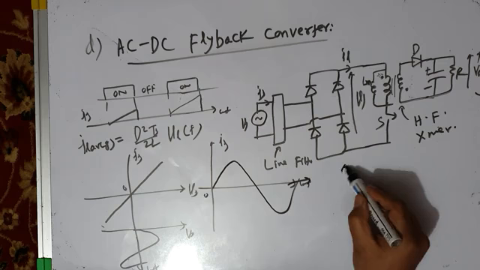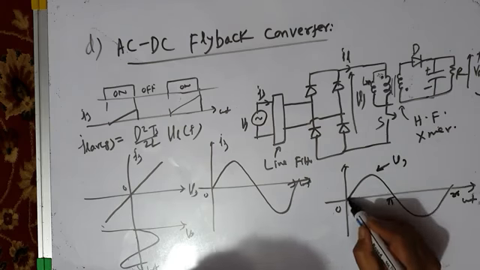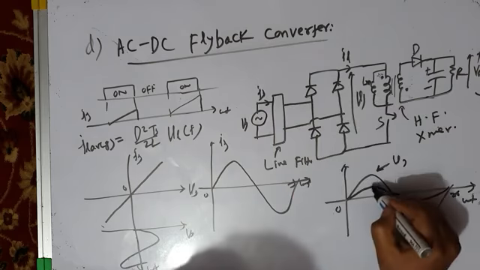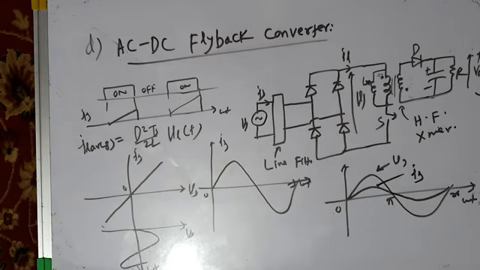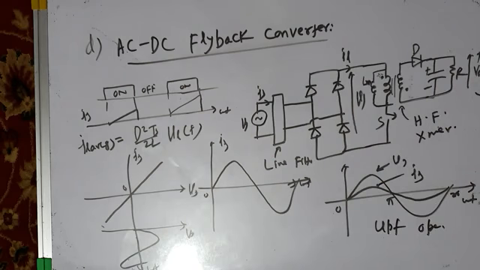So therefore, if this is one cycle of source voltage, the source current will be perfectly sinusoidal in presence of the filter and in phase with the voltage, giving unity power factor operation. And your AC to DC flyback converter looks like a linear load to your source. No harmonics in the source current, no reactive power delivered to the converter.